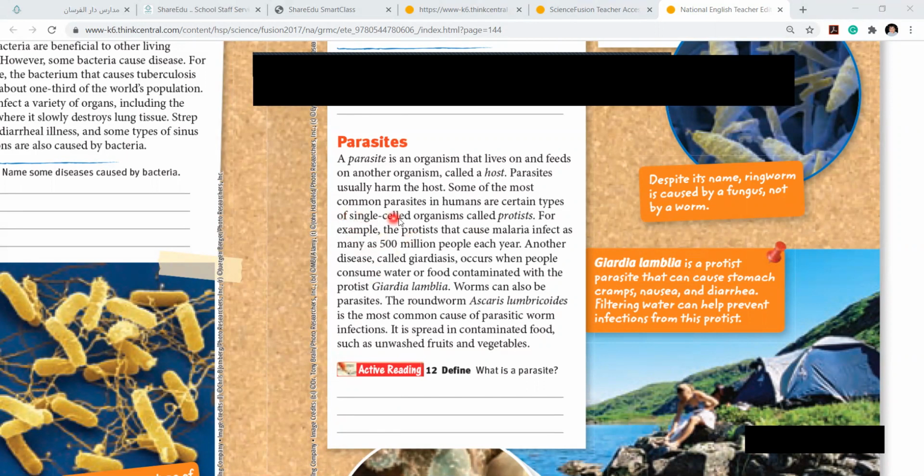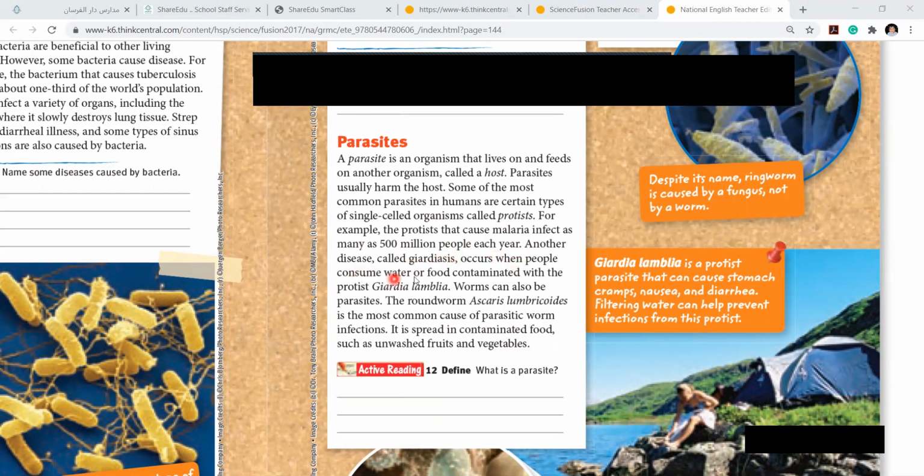Some of the most common parasites in humans are certain types of single cell organisms called protists. This protist we studied last year when we were studying the kingdoms, Animalia, Plantae, like that. We have a class which is called protist. For example, the protists that cause malaria infect as many as 500 million people each year. Imagine malaria, we get very, very high fever in that.